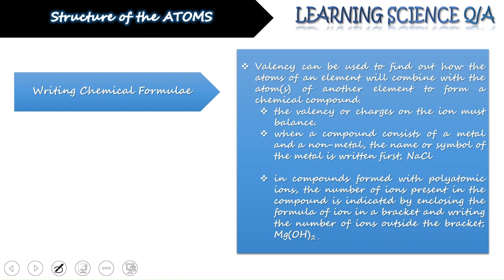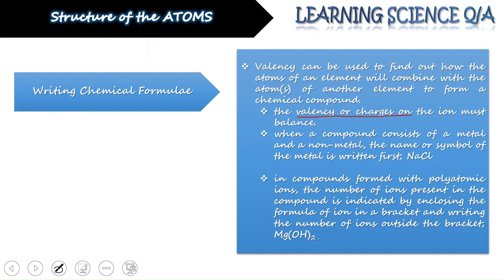At this time, the valency or the charge which are present on the element or their ion must be in balance. That means a molecule is neutral. The value of positive charge must be equal to the negative charge.